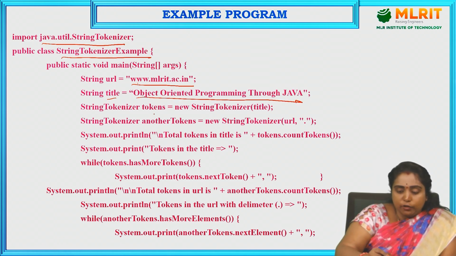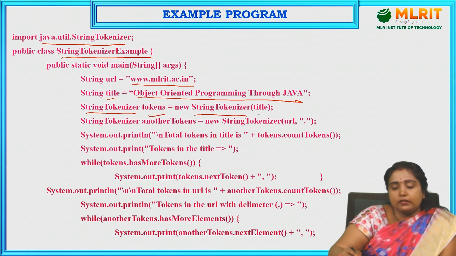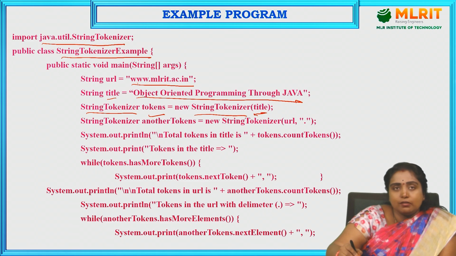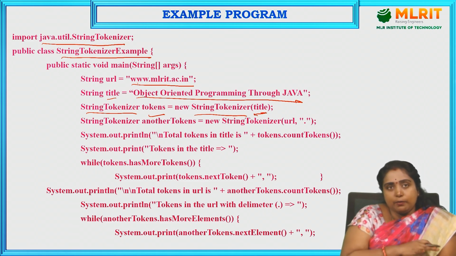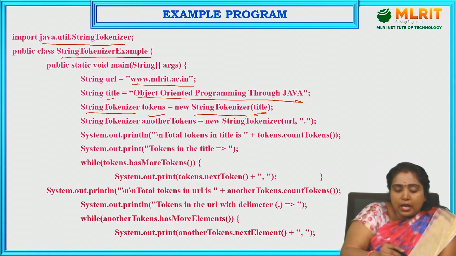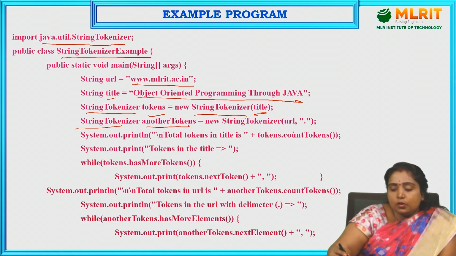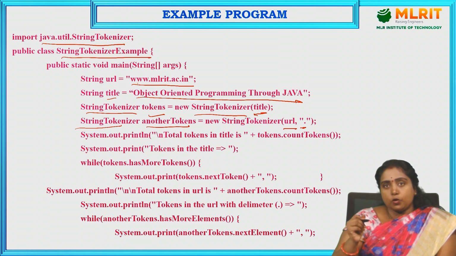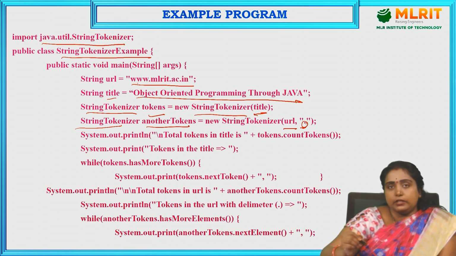And I create the string tokenizer, tokens equals new StringTokenizer of title. For the title I am giving only a string as a parameter to the constructor. And next another tokenizer for the URL, where dot is my delimiter.